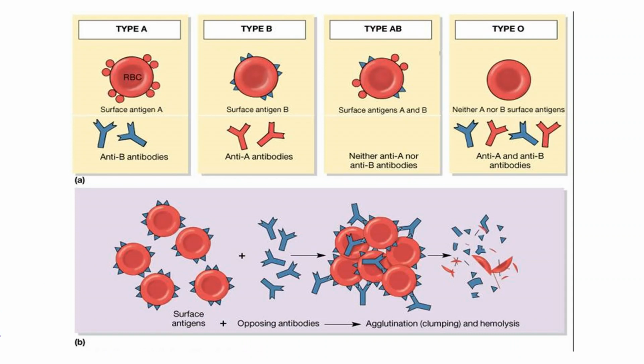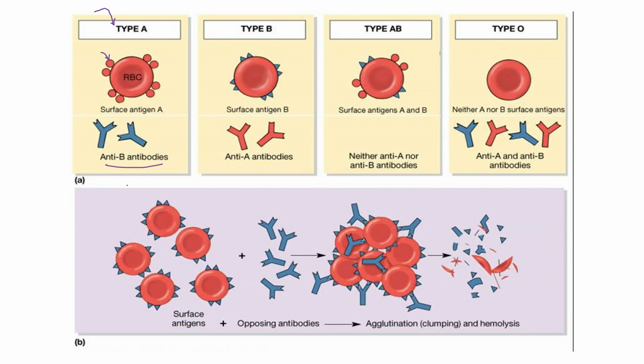So what exactly happens when one blood type that you're not supposed to receive is donated to a person during a transfusion and it's the wrong blood type? What happens? So we have a person that has type A blood. Okay, so they've got A antigens on their surface. They've got B antibodies in their blood.